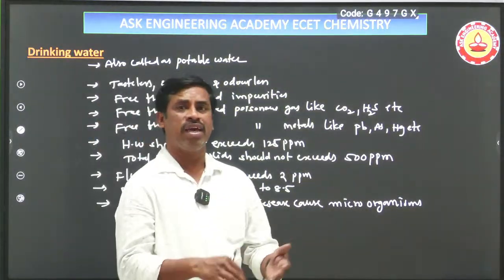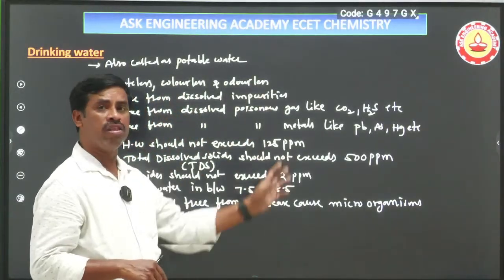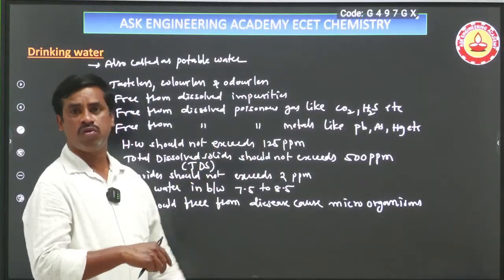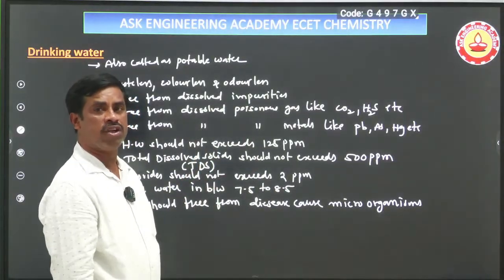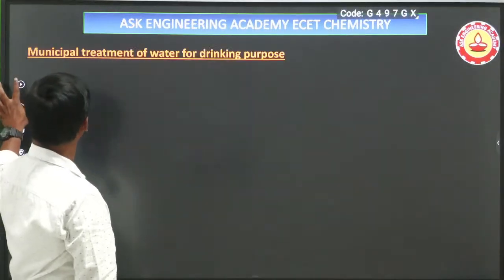Before treating as potable water, if the water has all these qualities, then the water is suitable for drinking and is said to be drinking water or potable water. This is about drinking water.